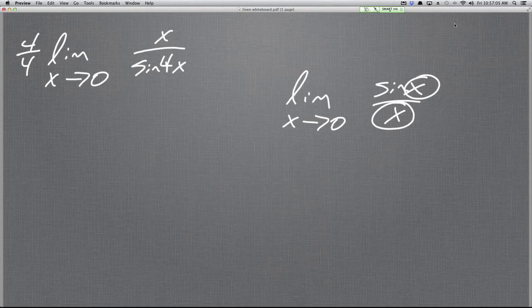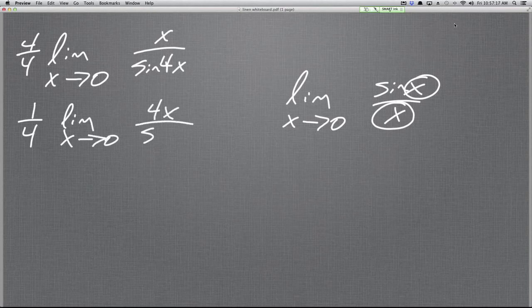Now, I don't want to move both of these 4s to the inside. Which is the only one I want to move to the inside? The top one. So I really want to rewrite this like that. Because now I have what I want: this and this being the same.